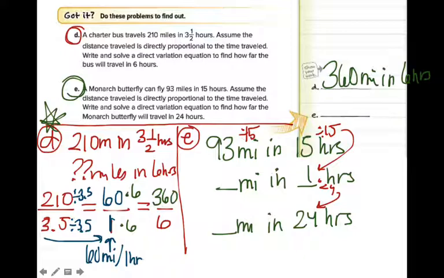Okay, 93 divided by 15 is 6.2. So my butterfly goes 6.2 miles in 1 hour. Now I'm multiplying 1 times 24 to get my 24 hours, so I'm going to multiply 6.2 times 24. And I'm going to get 148.8 miles in 24 hours.